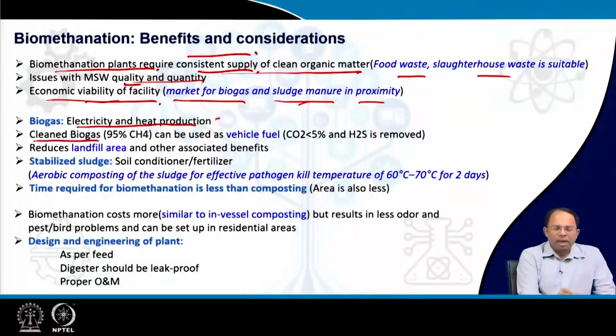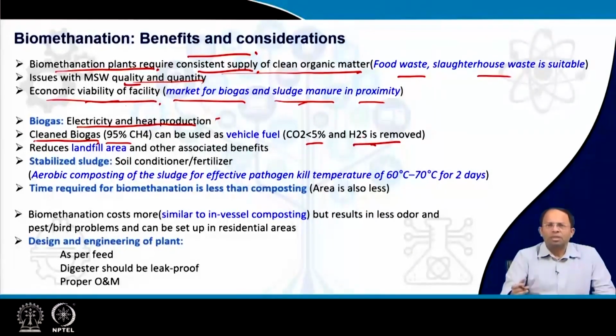Then clean biogas. The biogas that comes out is not that clean; it includes CH4, CO2 and so on. But if I clean the biogas and remove the CO2, so that eventually only 5% CO2 remains and the rest 95% is CH4, and similarly H2S is removed significantly, only then can we use this biogas as automotive fuel, that means vehicle fuel.